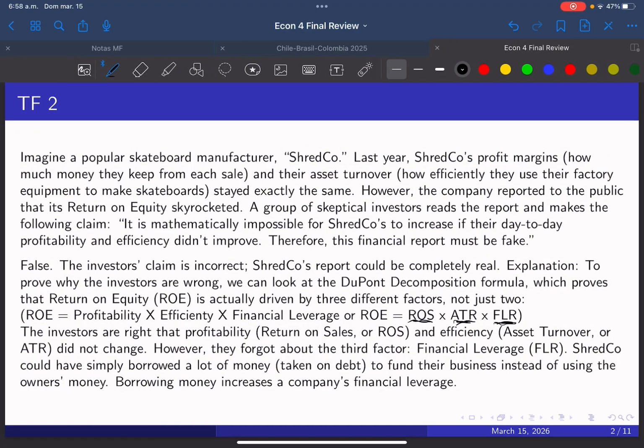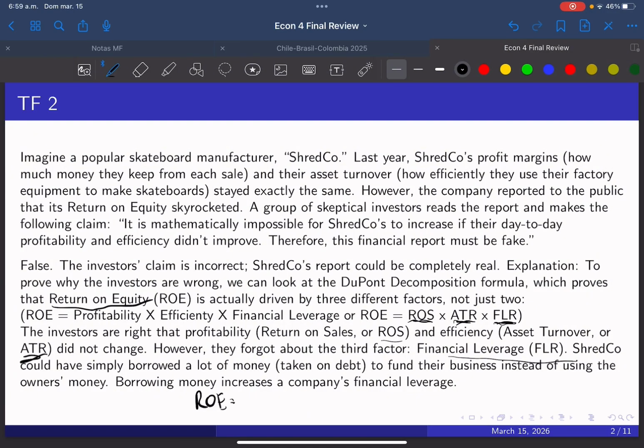And so the investors were right that the ROS and the asset turnover, ATR, didn't change, but they weren't thinking about this third factor, which is financial leverage. So it could be that Shred Company just borrowed a lot of money, so they took on debt and used that to fund their business. And if they were doing that instead of using their owner's money, this would increase their return on equity, right?